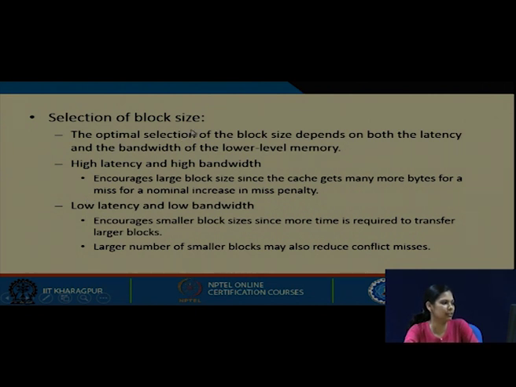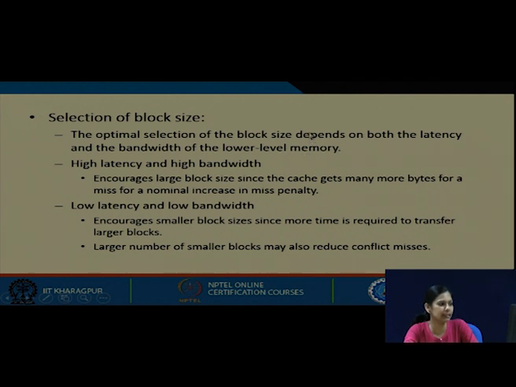Selection of block size. We have seen that if you increase the block size, the miss rate will decrease, but other overheads, conflict misses and capacity misses, will also be there. Then how do we select the block size? The optimal selection of block size depends on both the latency and the bandwidth of the lower level memory.